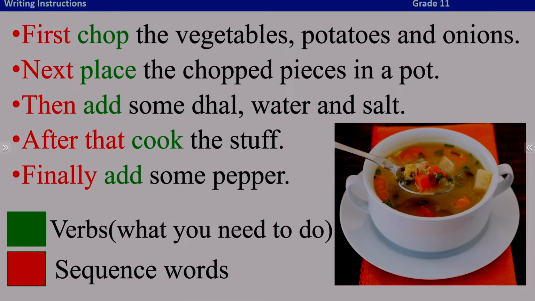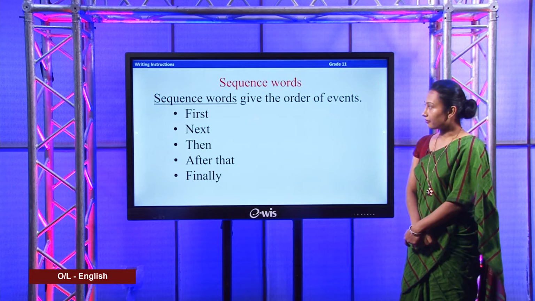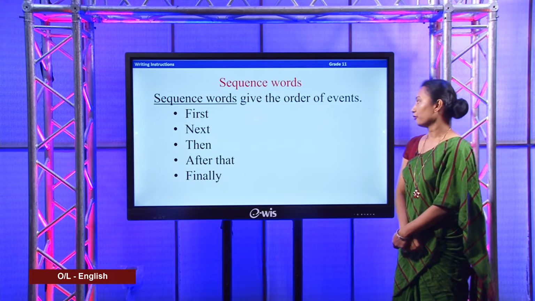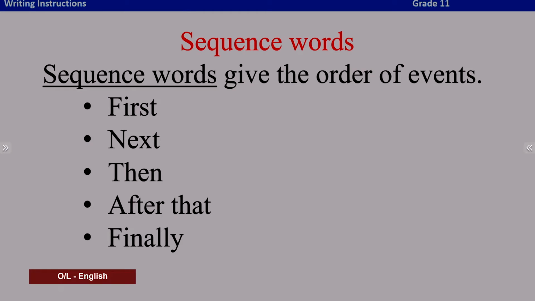Those are called sequence words. Let's learn what sequence words are. Sequence words give the order of events. So these are the sequence words used by Amali's mother. First, next, then, after that and finally.